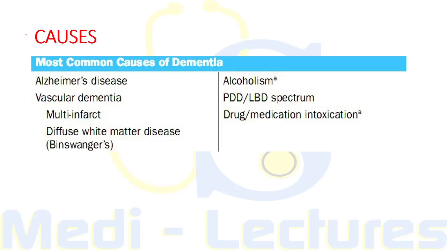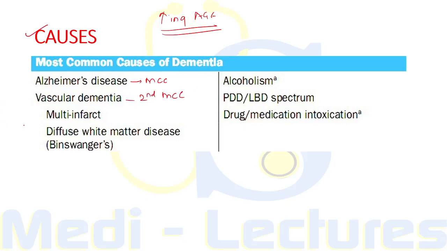Now coming on to the causes of dementia. First of all, the single strongest risk factor for dementia is increasing age. When we consider the common causes of dementia, the most common cause in Western countries is Alzheimer's disease, followed by vascular dementia.